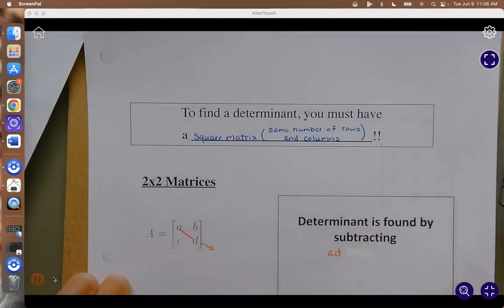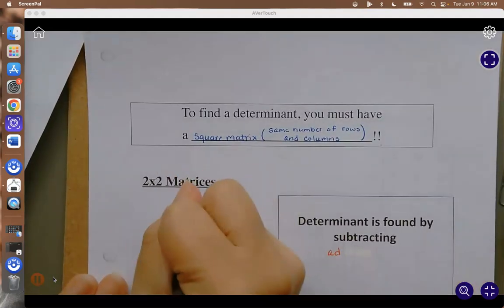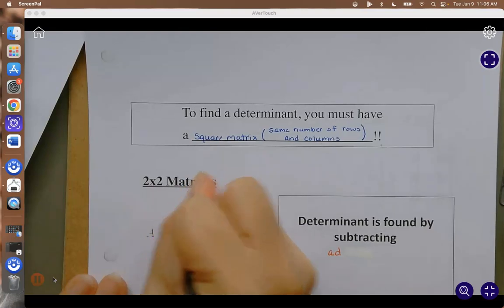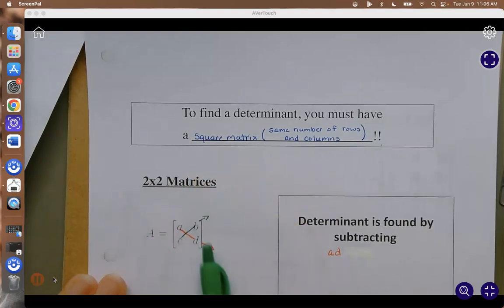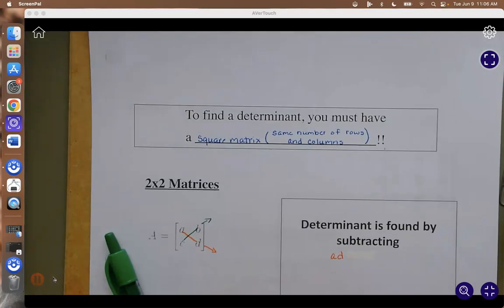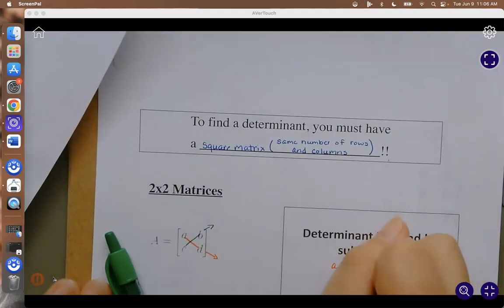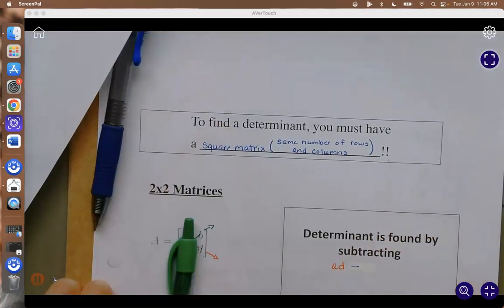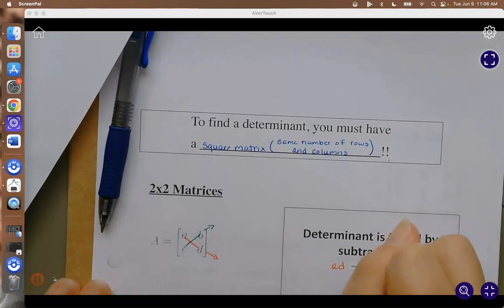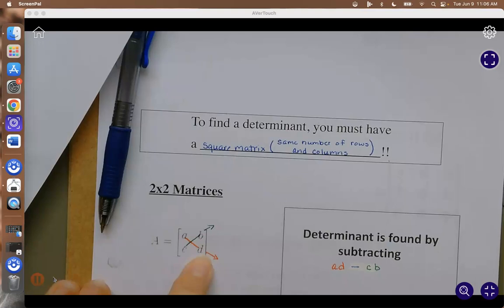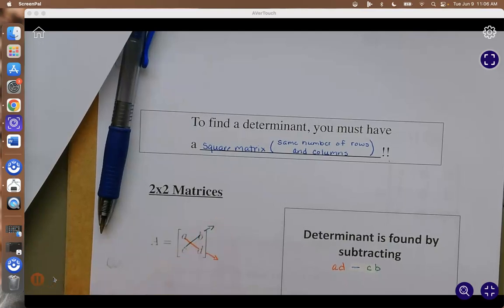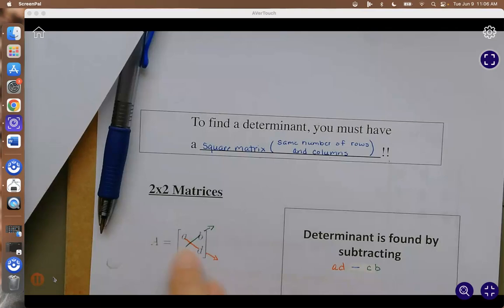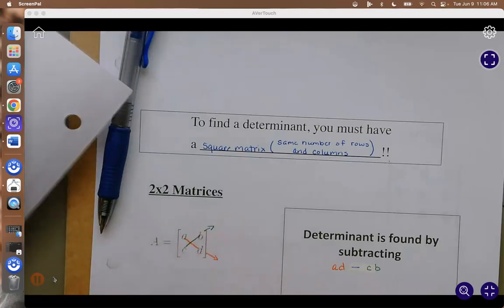And you couldn't see it anyway, so it's not going to change anything for you. Minus CB. So you multiply your diagonal this way and subtract this way. Subtract by what you get when you multiply that way.